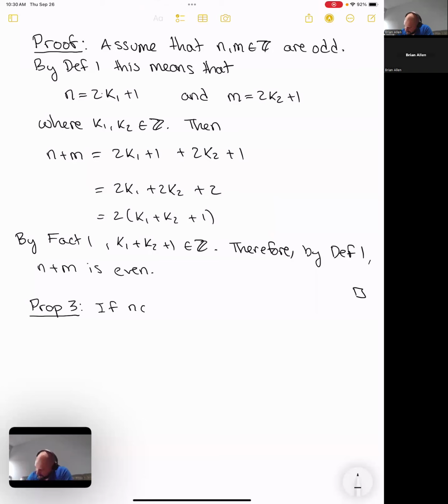If n is odd, then n squared is odd. Okay, here's another proposition.